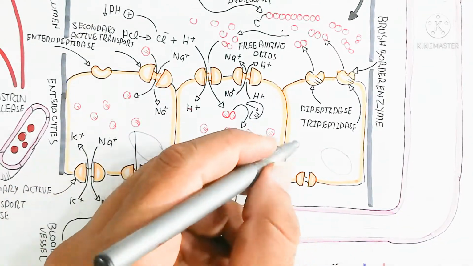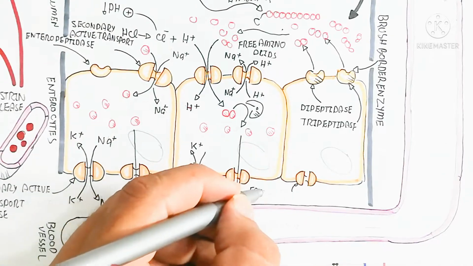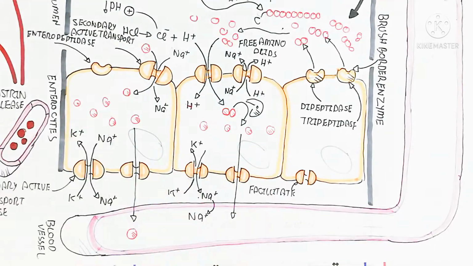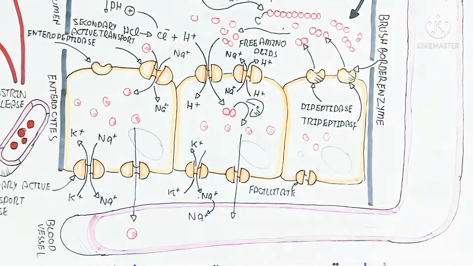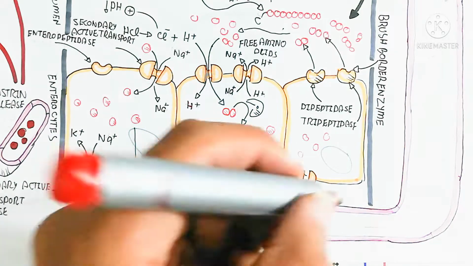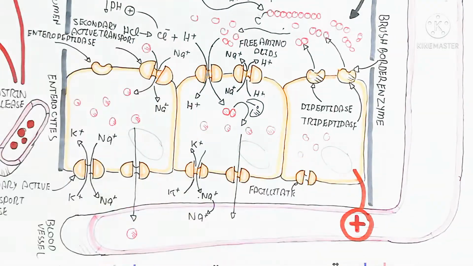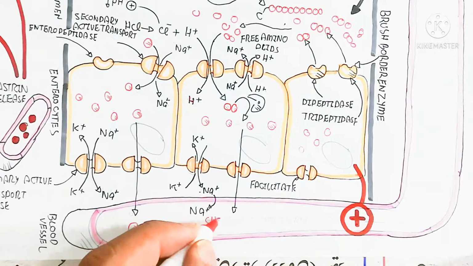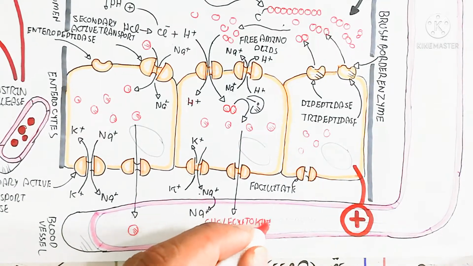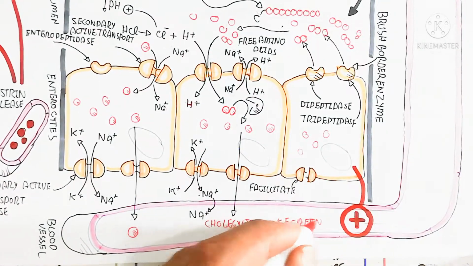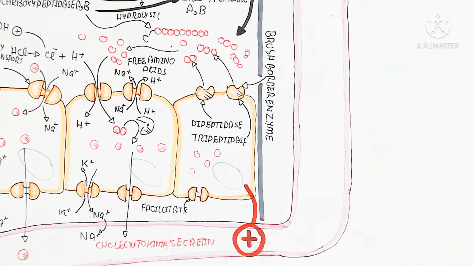This is the interstitium between the blood circulatory system and the enterocyte. This is facilitated diffusion, and in this way the amino acid will be moved inside, increasing the amino acid as well as glucose, but here we will not discuss carbohydrate digestion.